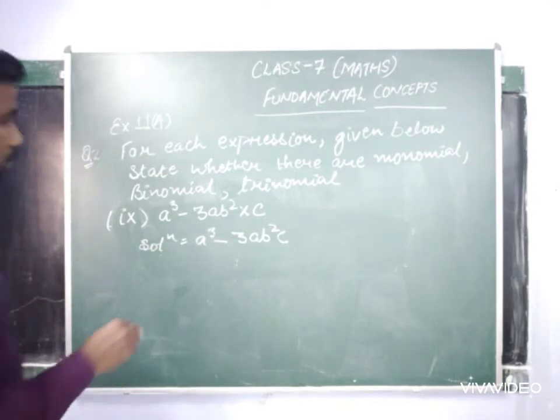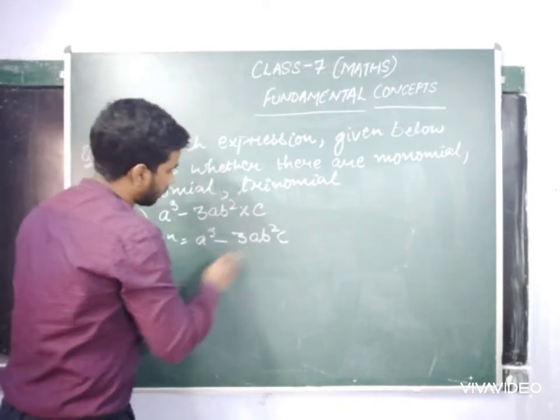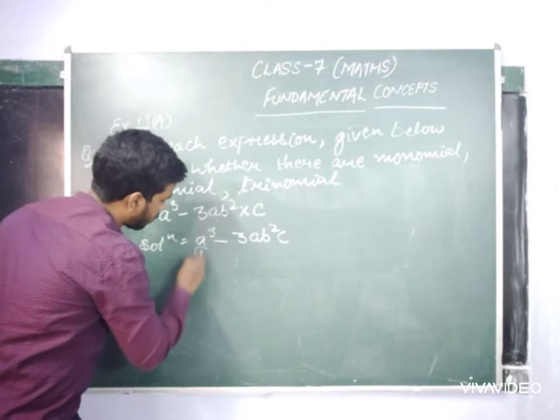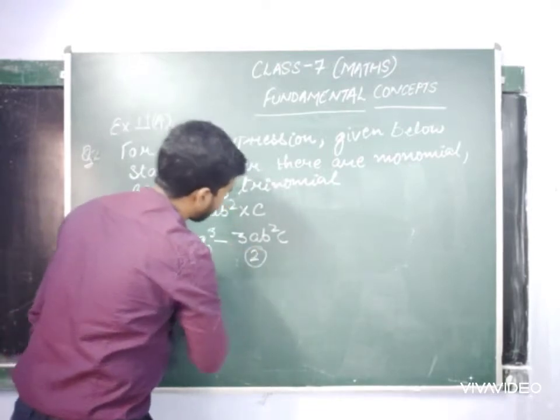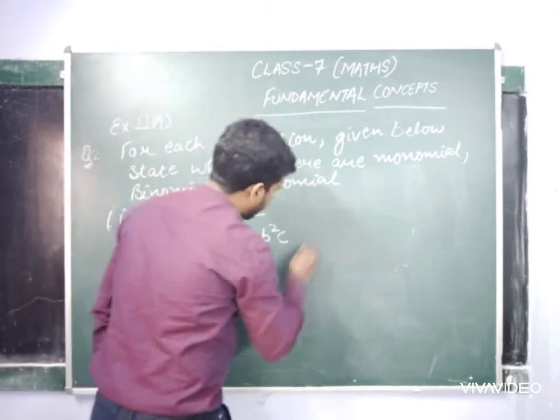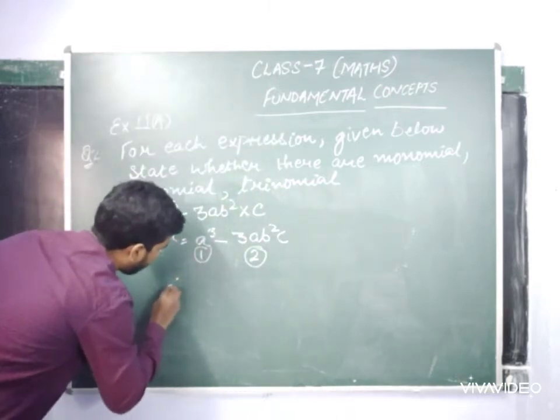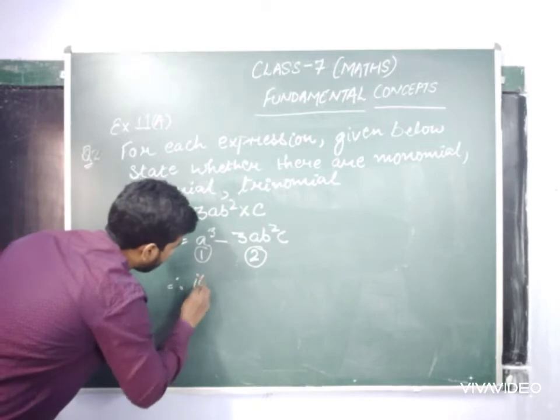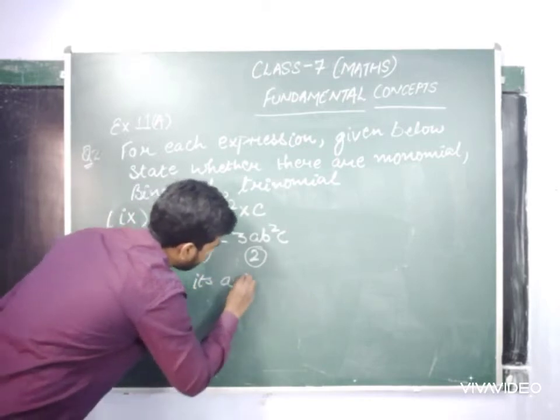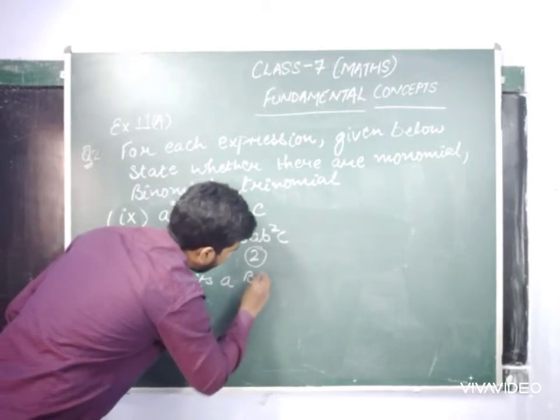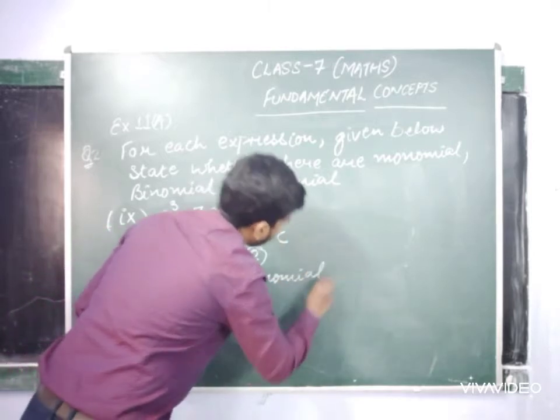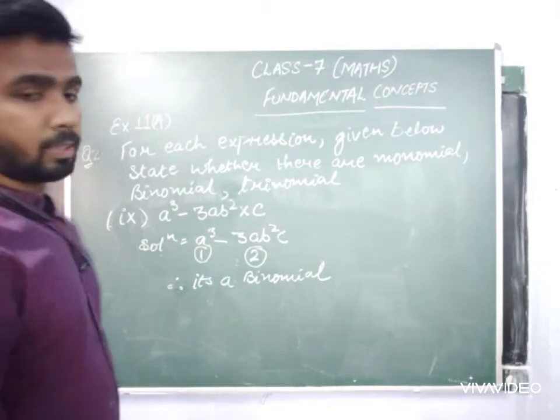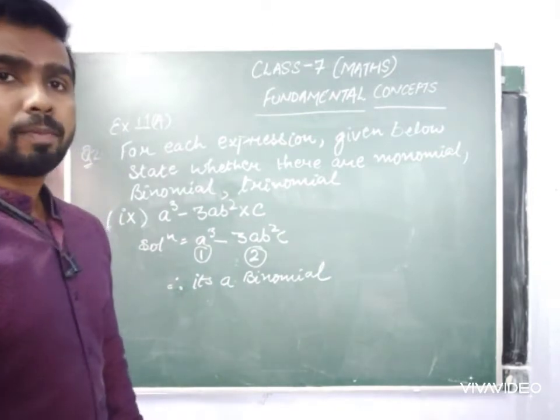Okay, so now it has become two terms. The first term is a cube and the second term is 3ab square c. So we can state that therefore it is a binomial. So I hope you have understood.